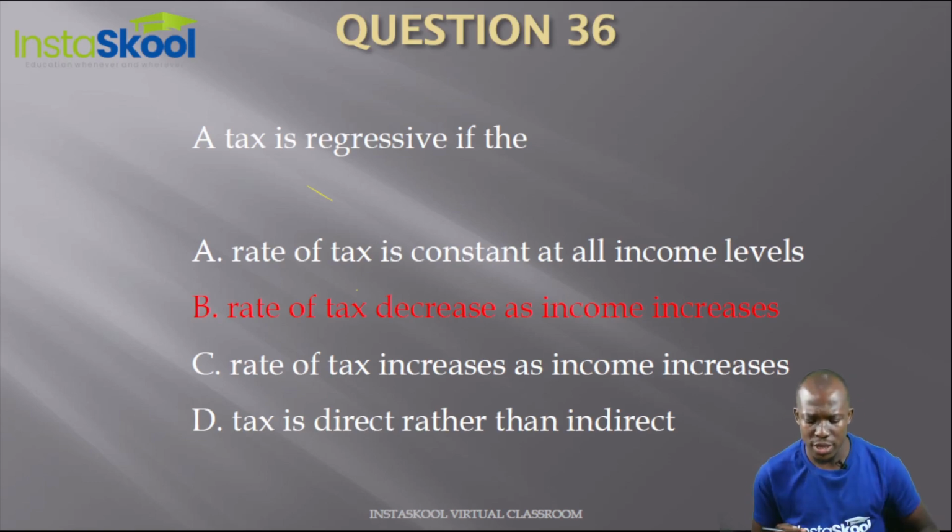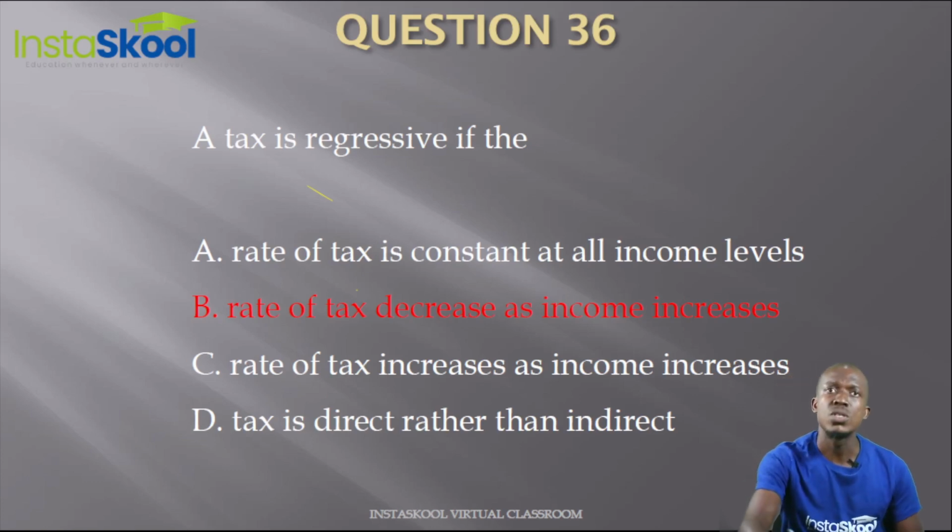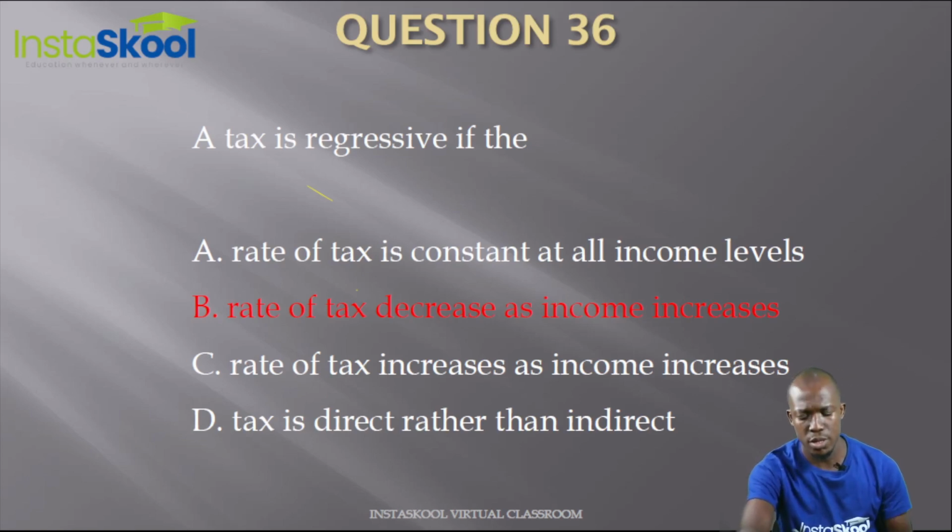So our correct answer is option B. The tax rate will be decreasing as income is increasing. It moves in the opposite direction. Or the tax rate will be increasing as income is decreasing. So the correct answer is option B.